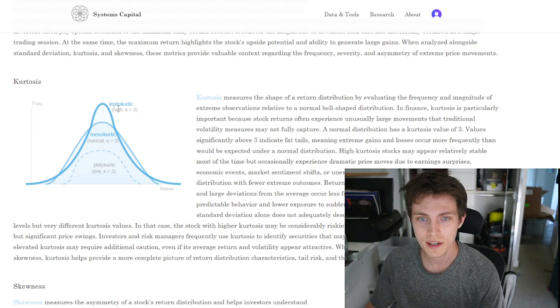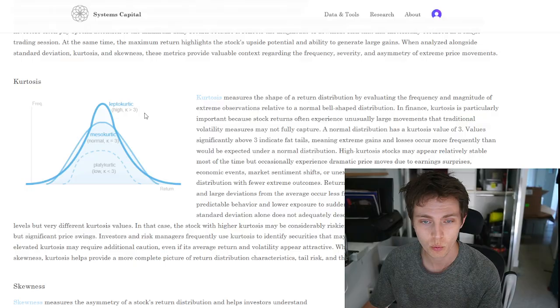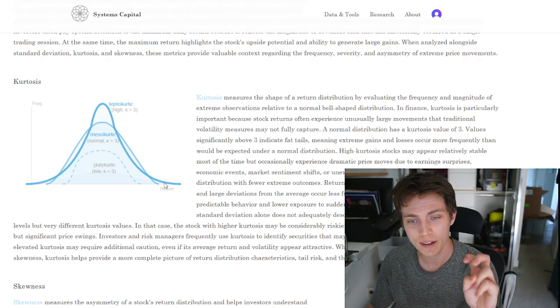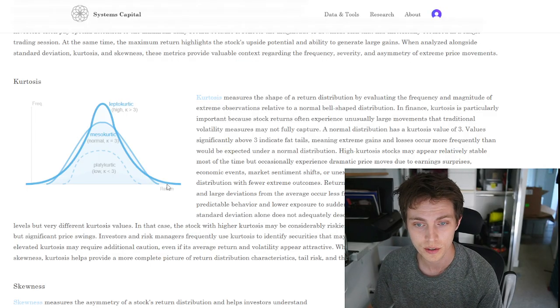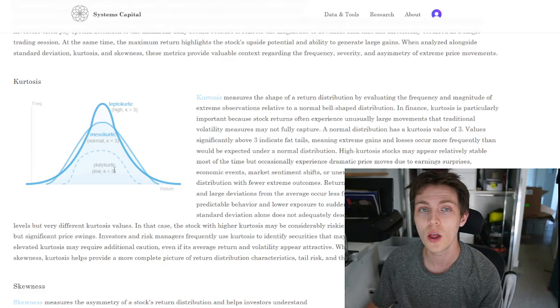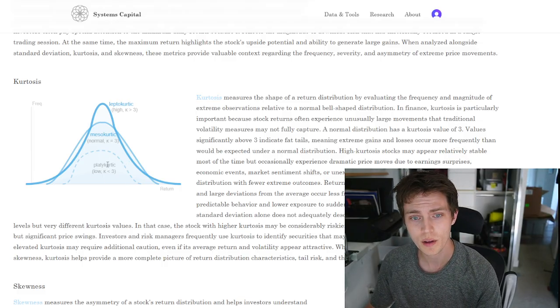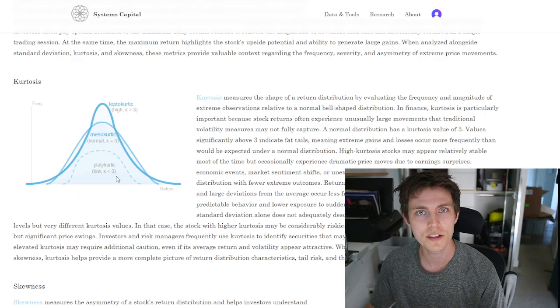So you can see right here that a high kurtosis, leptokurtic kurtosis, whatever, fat tails is what people call it, means that there's a higher likelihood that these outlier events, say like a 20% return in one day, are going to happen with higher kurtosis, while a low kurtosis has a lot more of its values concentrated in the center.